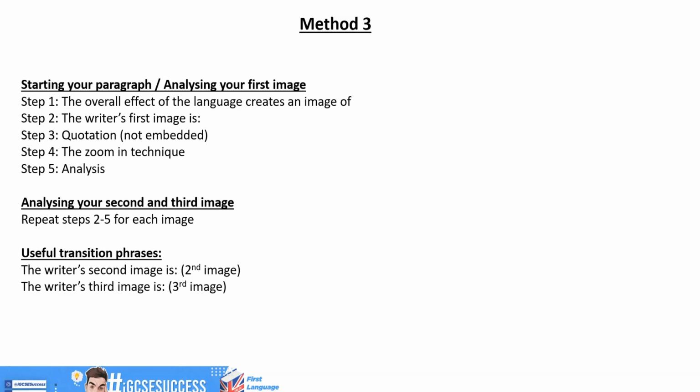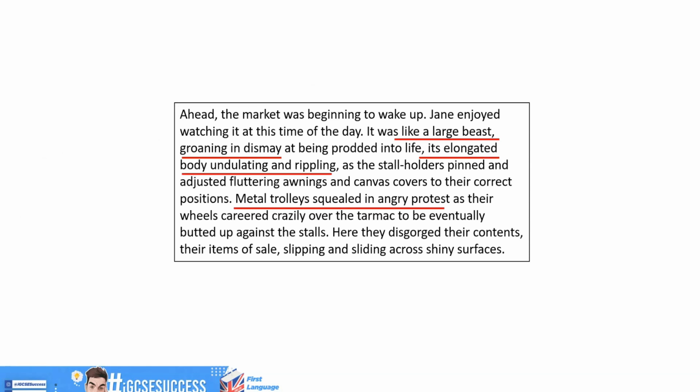The only difference is that in step 3, they just insert the quotation. And again, I'll show you this shortly. Sorry, I forgot to say, and the transition phrases are slightly different as well. So the writer's first image is, the writer's second image is, the writer's third image is, and then students just insert the quotation.